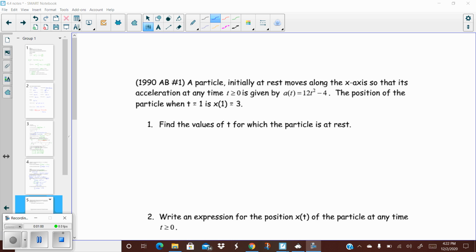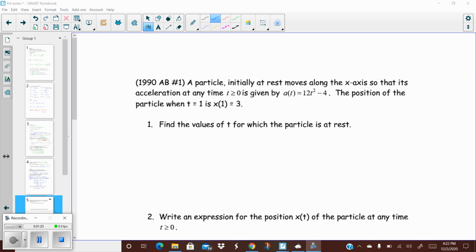All right, if we want to find the values of t for which the particle is at rest, what we're going to need to know is the formula for the velocity, and then set that equal to 0. It gives us a bunch of information up in the top that we're going to have to use.